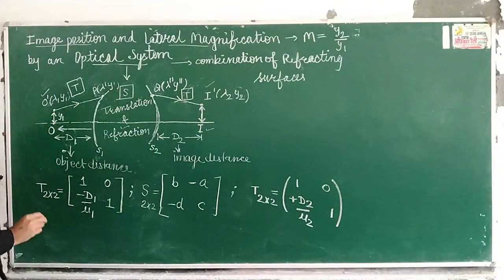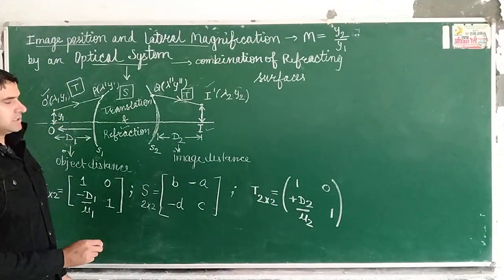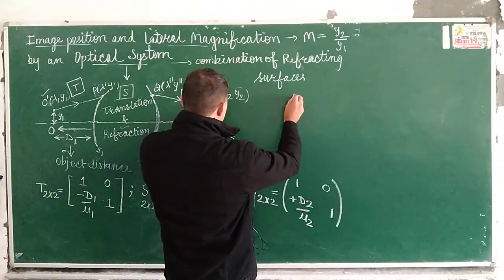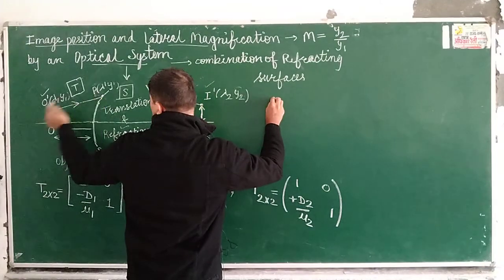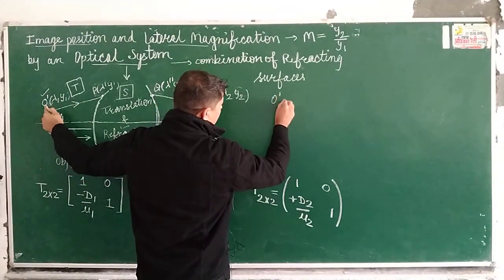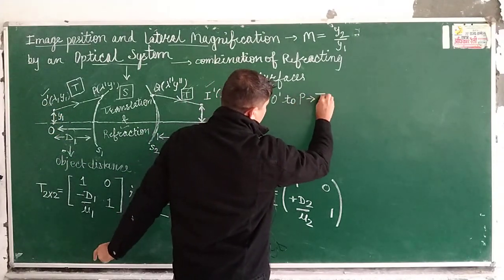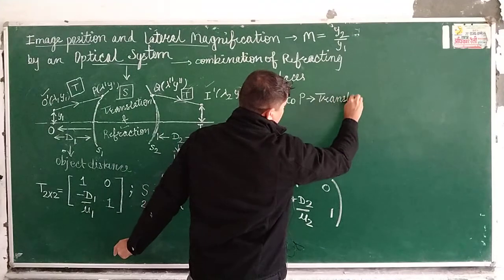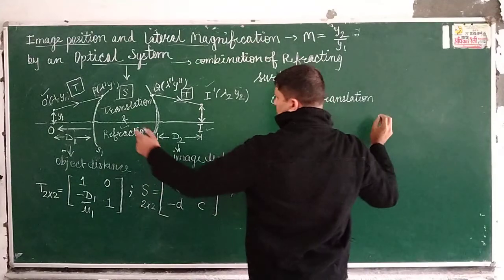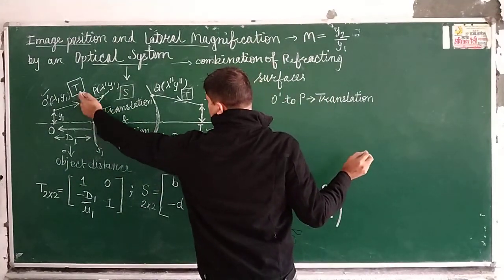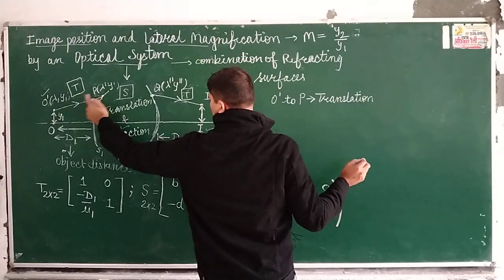If we write the optical coordinates in matrix form, let us start from here. For the coordinates of point P and O dash, there is translation. So we will write a 2 cross 2 translation matrix which will connect the optical coordinates of point P and point O dash.